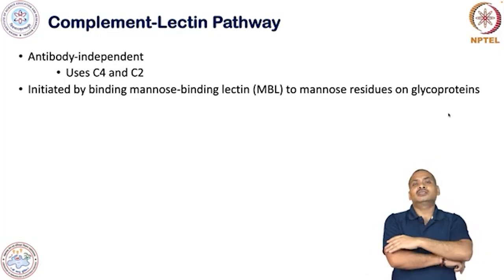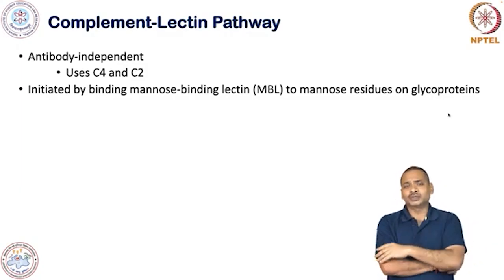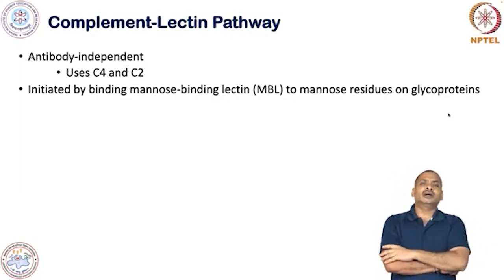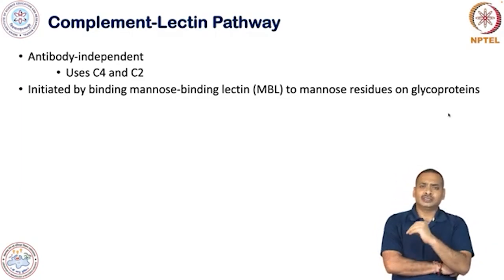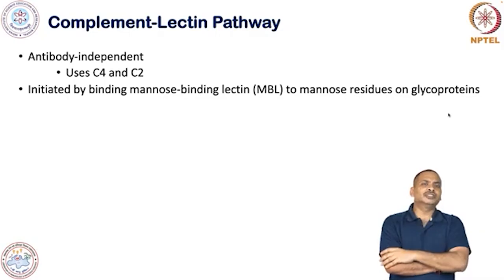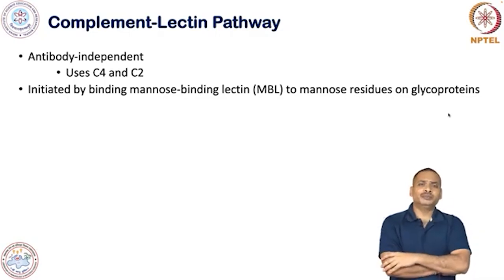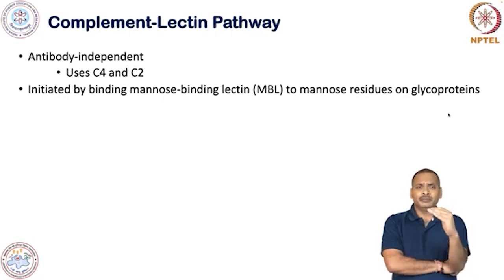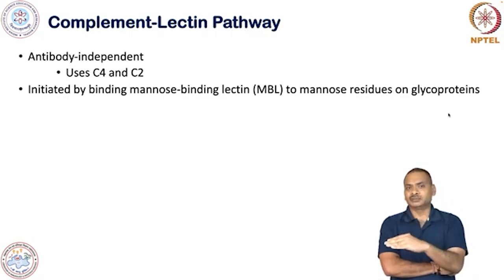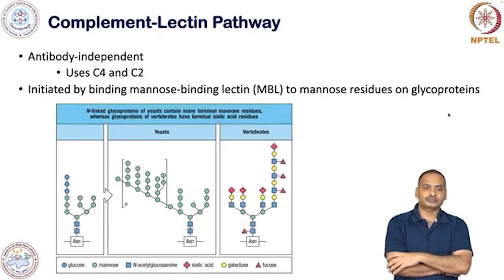These proteins on microbes have some sugar residues, and in microbes the terminal residue is mostly mannose. So this MBL can bind with the mannose, and that can trigger the lectin pathway.